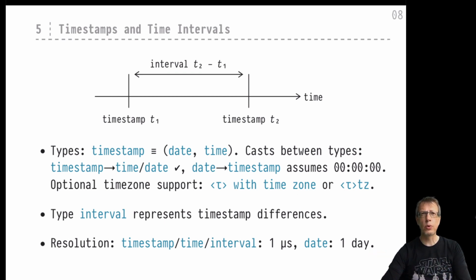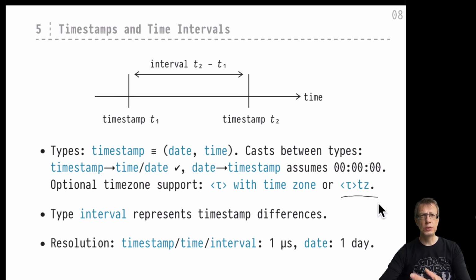So time zone support can make a difference. So these type names like timestamp with time zone is quite a mouthful, so PostgreSQL supports this equivalent shorthand notation for such time zone equipped data types.